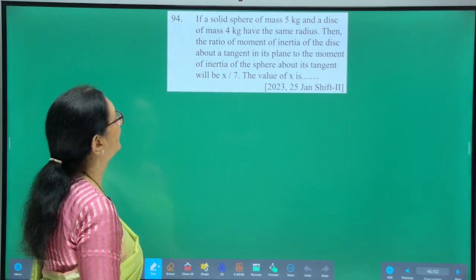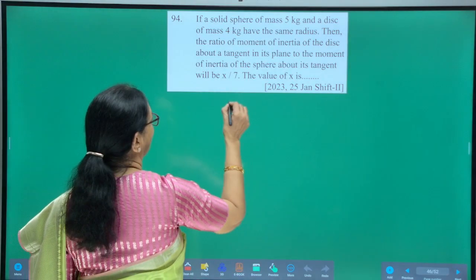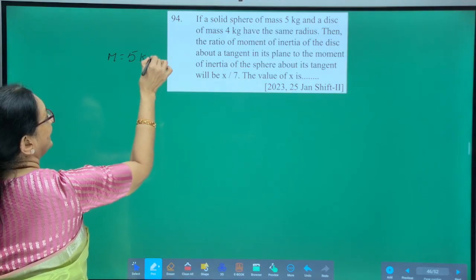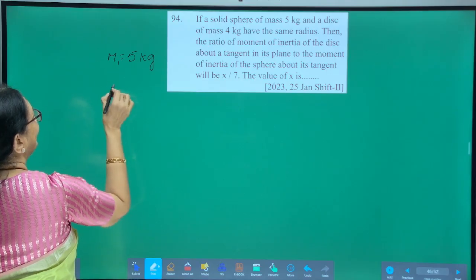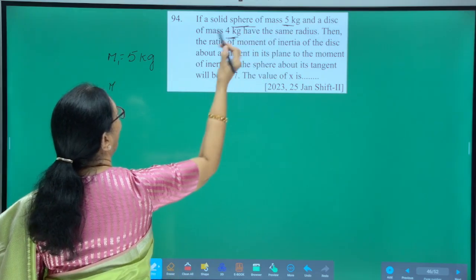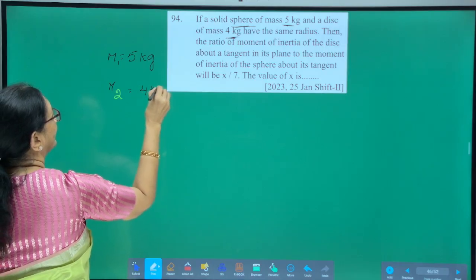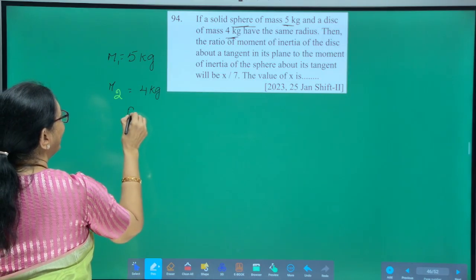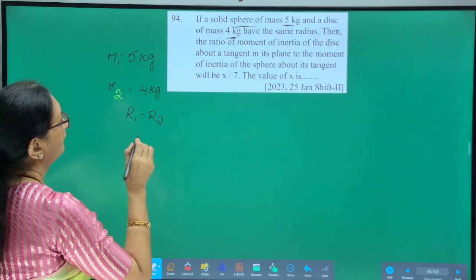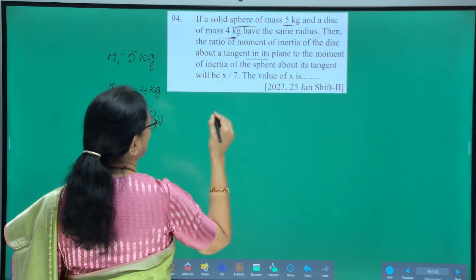Go to this problem. A solid sphere of mass 5 kg and a disk of mass 4 kg have the same radii, R1 is equal to R2. Ratio of moments of inertia of the disk about the tangent in its plane.